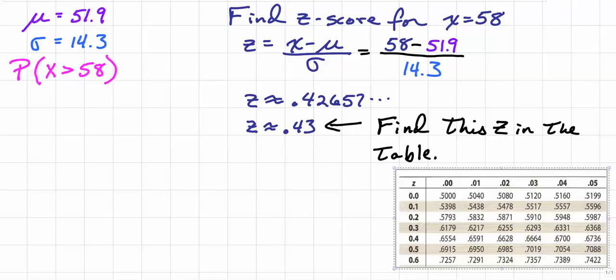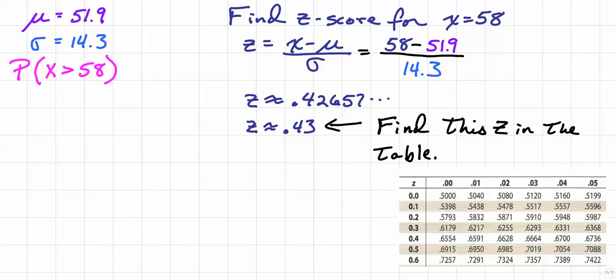Now that I've brought in this portion of the standard normal table, we're going to define what we need to find. Remember that this 0.43 is the same thing as 0.4 plus 0.03. If you notice the columns here, the first one has z, and it goes off in a horizontal direction and also in a vertical direction.